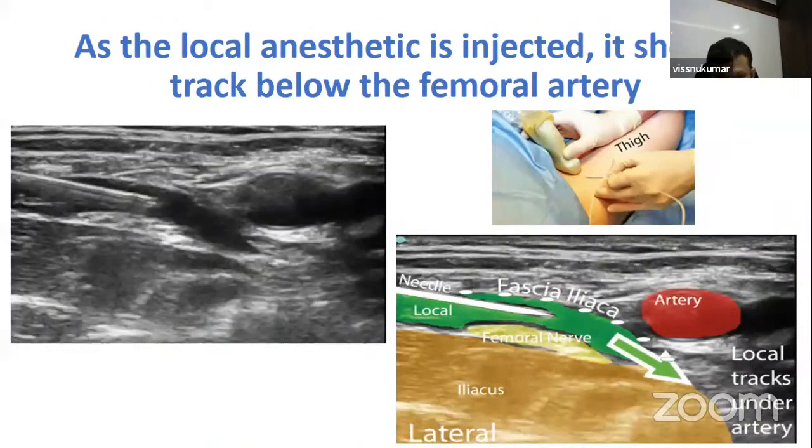so once you give local anesthesia, you have to be sure that your local anesthesia is going to track below the femoral artery. See here, we have deposited the local anesthesia here, and this is the femoral artery, and these vascular structures are enclosed by another fascia. So if it is going to track below the femoral artery, it makes sure that the local anesthetic you have deposited has crossed the fascia iliaca and it is going to engulf the femoral nerve.